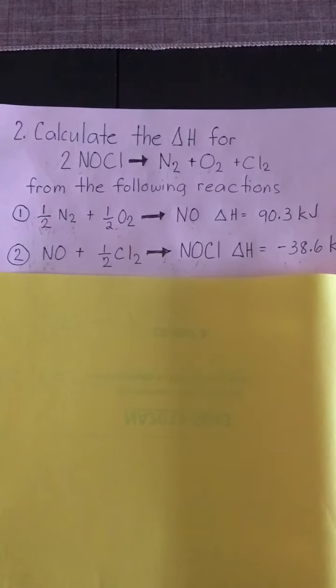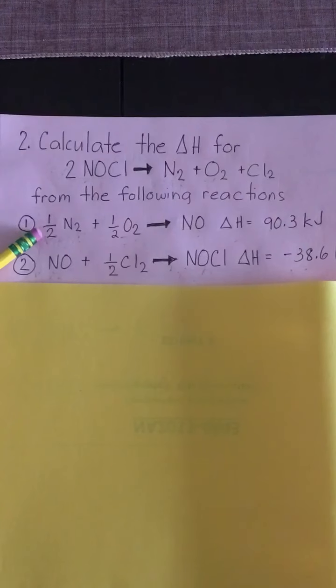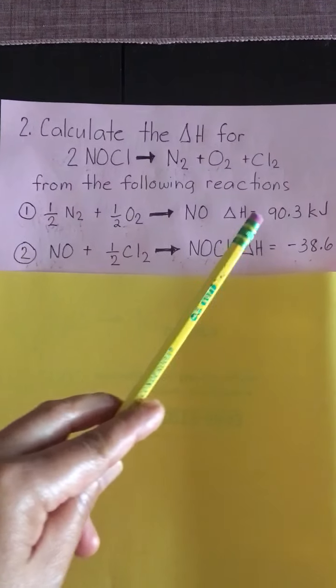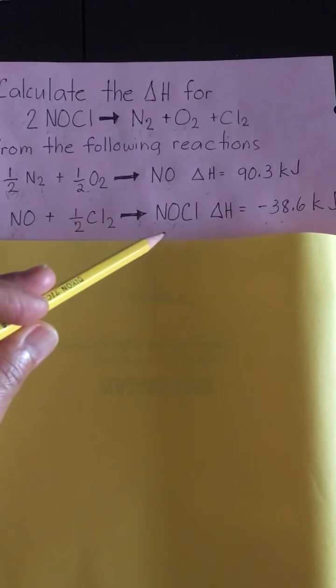From the given reactions, we have 1/2 N2 plus O2 to form NO with a delta H of 90.3 kilojoules. And then the second equation, we have NO plus 1/2 Cl2 to form NOCl with a delta H of negative 38.6 kilojoules.